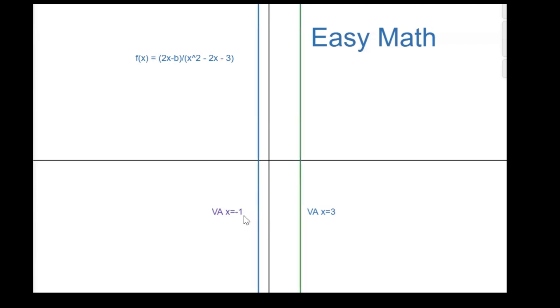Yeah, this is x equals negative 1. This is x equals 3. Just the change for the numerator. And the HA is y equals 0. This is so, right? Because the exponent of the numerator is less than the denominator, right?